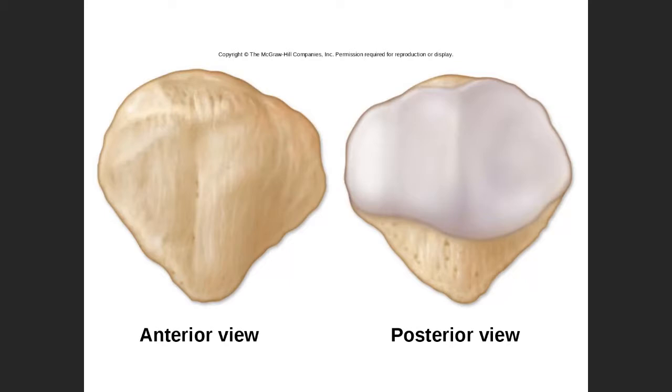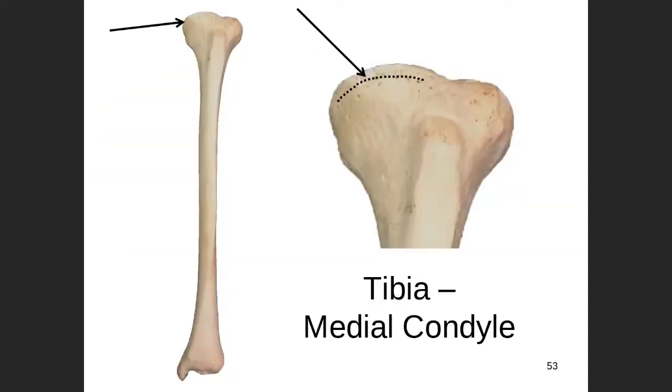Okay, let's get into the leg. Here's a couple things that I want you to be able to tell. First of all, I'm on the anterior view of the tibia, and this is the medial side. How do I know that? Well, go down to the bottom of the bone, the distal part, down here.